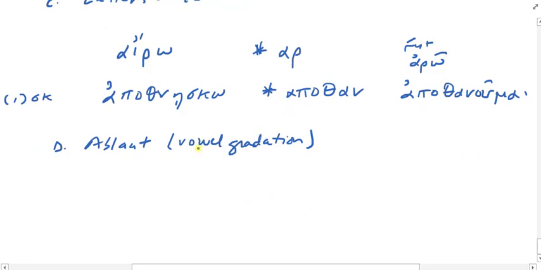An example is apathnesko. Did you see how the alpha of the root apathan dropped out? It went all the way to 0 or nothing in the form apathnesko because there's nothing between the theta and nu here.